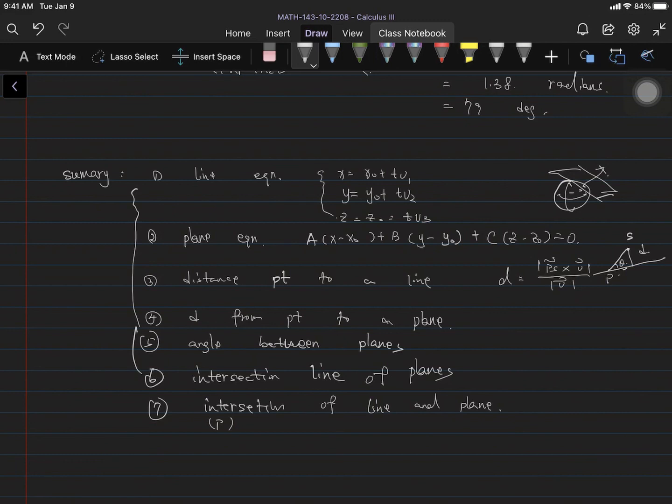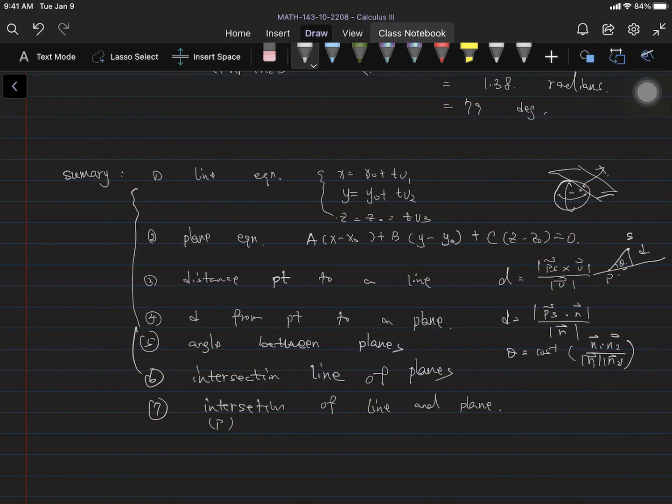Distance from a point to a plane, which is PS dot product the n vector, and divide by the length of n. Angle, cosine inverse, n1 dot n2, divided by n1 length times n2 length.